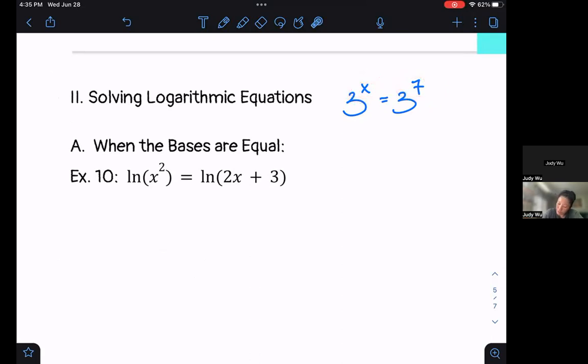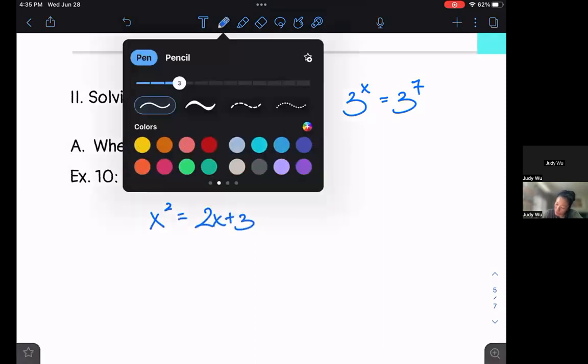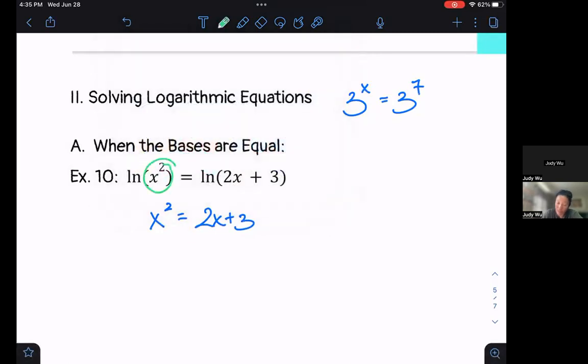It turns out we can do the same thing with logs. If I have a natural log on this side and a natural log on this side, and only one natural log on each side, then I can say this, which basically says the thing that I'm logging has to be equal to the other thing that I'm logging.